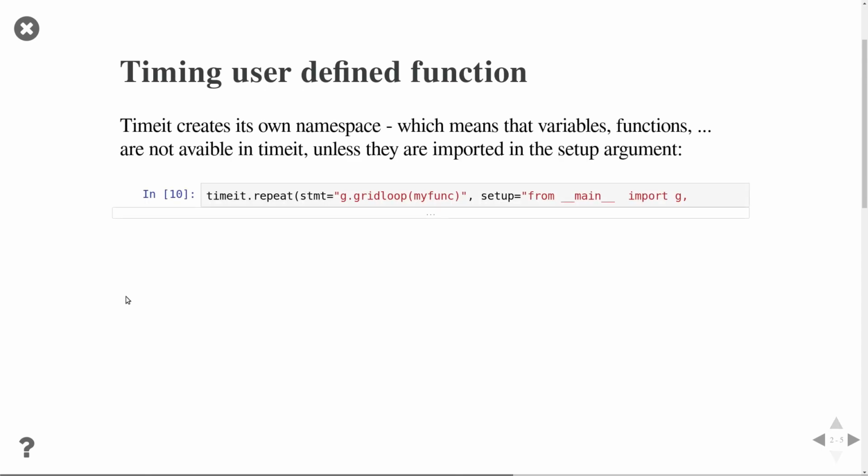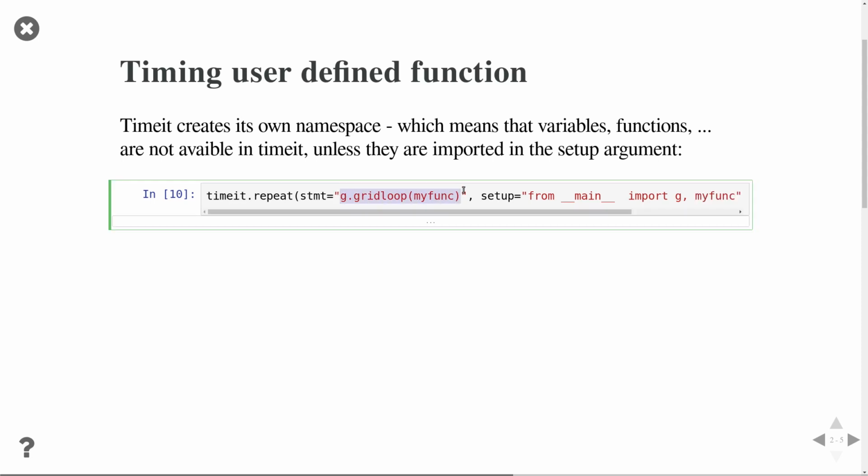Okay, so for user-defined functions, the problem with timeit is that it works in its own scope. So variables that you defined in your program are not immediately available in the timeit statement. In particular, if we want to time our grid loop function, and you just tried it without any special treatment, it would not work because the variable g is not available in the statement. But there's a trick.